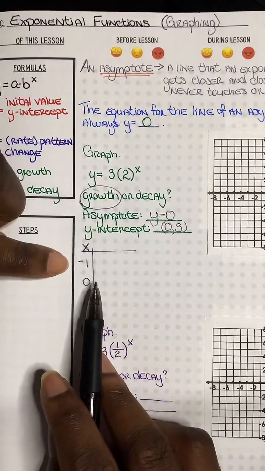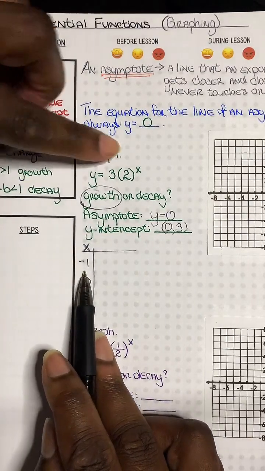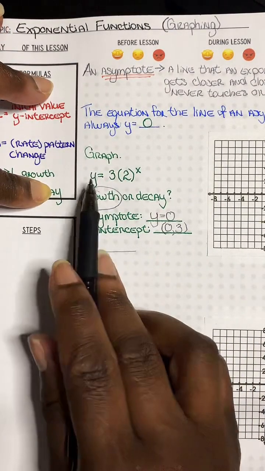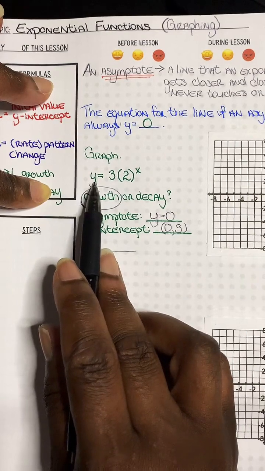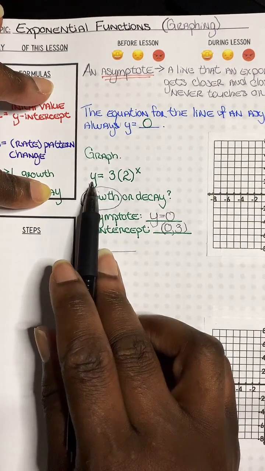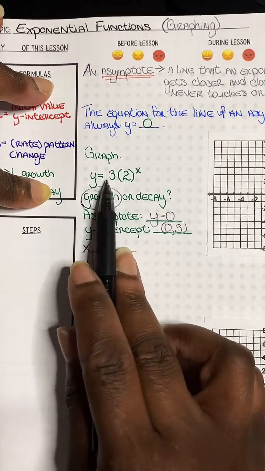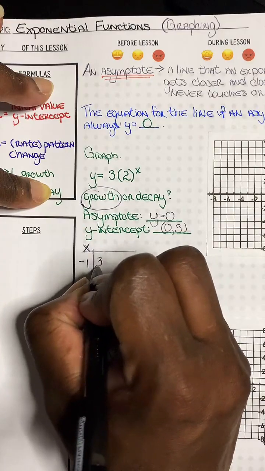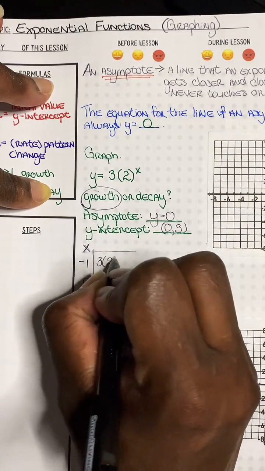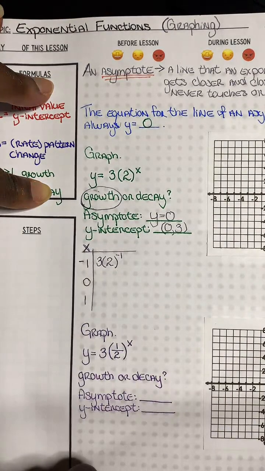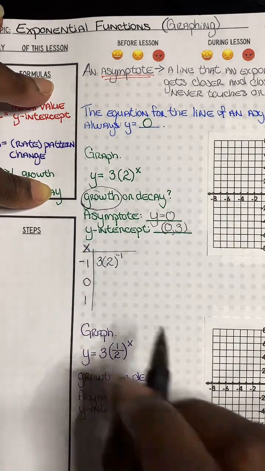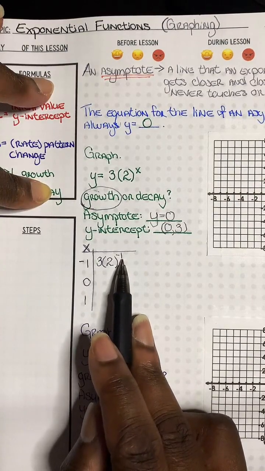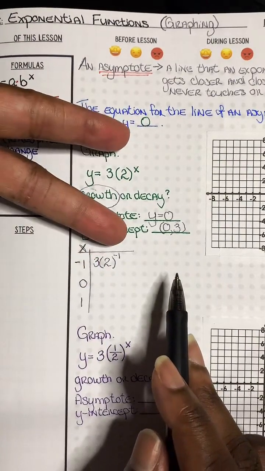So I'm going to take this -1 and plug it in for the x because I want to get my y value. The only way for me to get the y value, to get my ordered pair, is to plug in something for the x and simplify. So it's going to look like this: 3 times 2 raised to the -1. Now, if you recall, anything raised to a negative exponent, we have to flip.